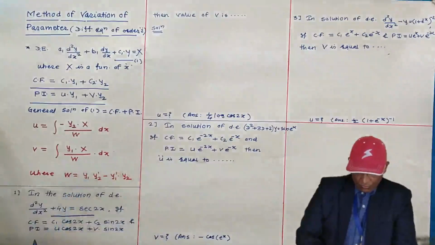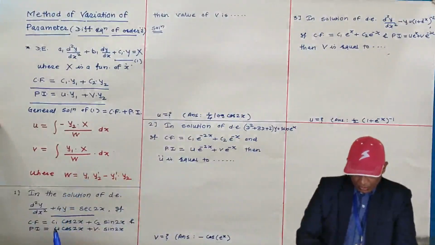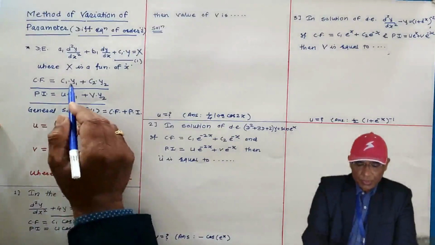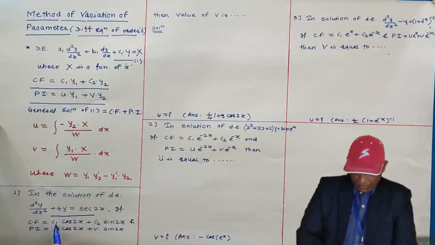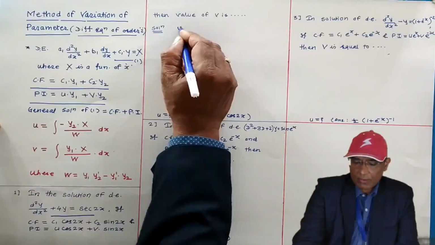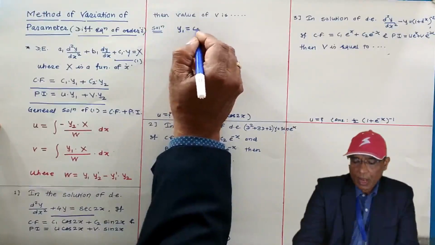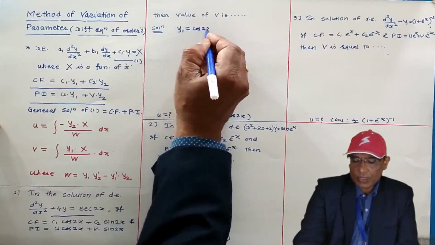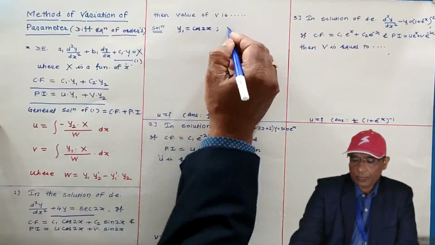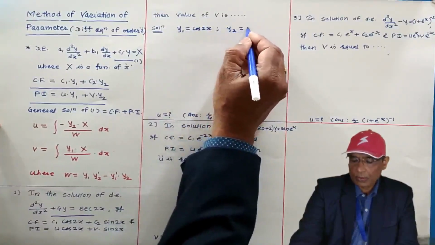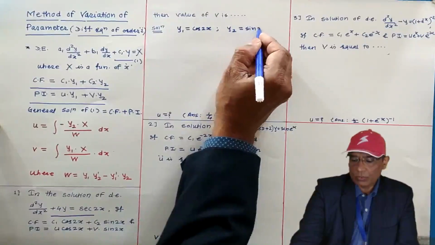First of all, what are y1 and y2? y1 is the coefficient of c1, and y2 is the coefficient of c2.